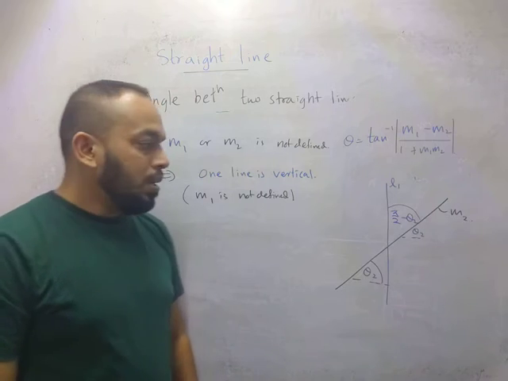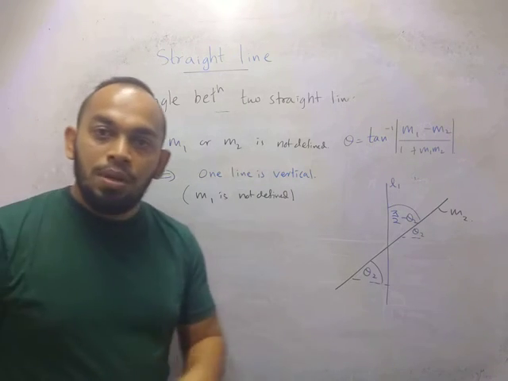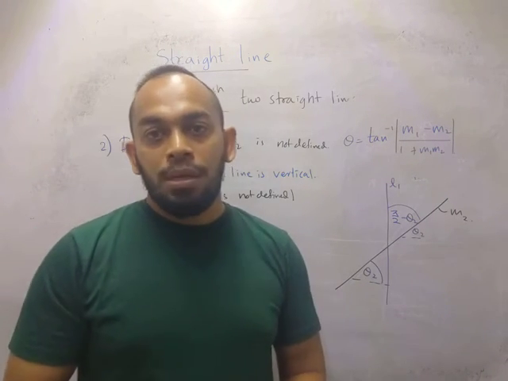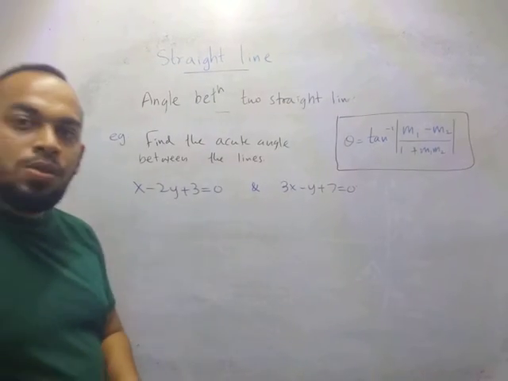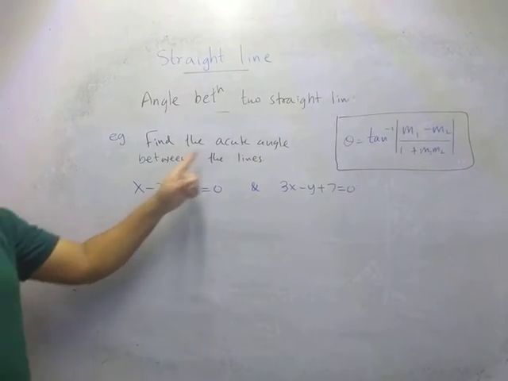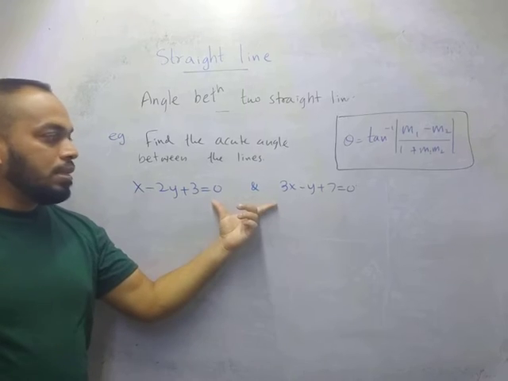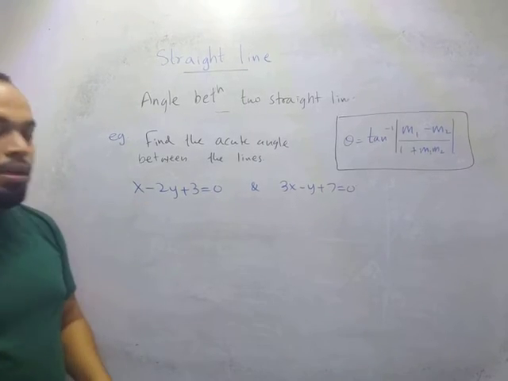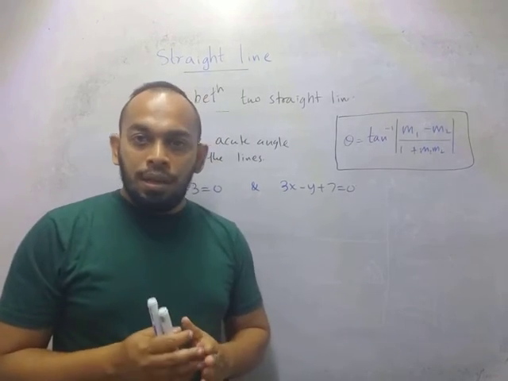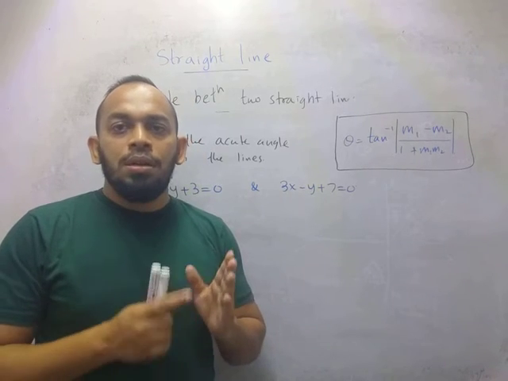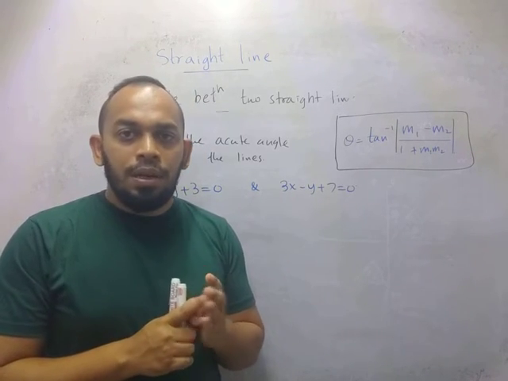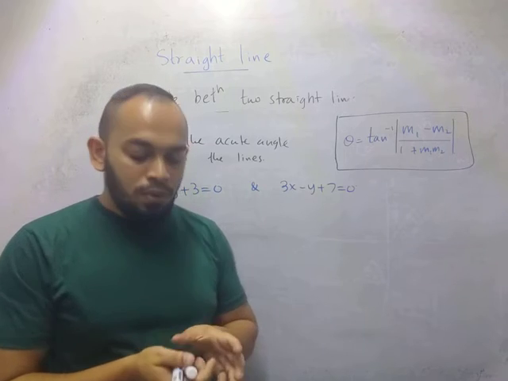Now, are you happy? Right. So now let's get into some examples. We start off with a simple example. Find the acute angle between these two lines. Given the equations of two straight lines, you have to find the gradient. Usually they are given in standard form.